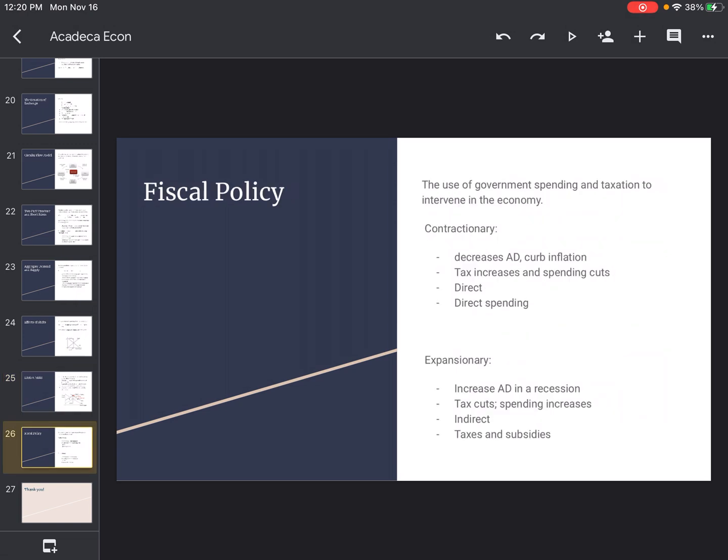Fiscal policy, last little bit here. Fiscal policy is the use of government spending and taxation to intervene in the economy. And again, it has the same forms as the monetary markets. Contractionary fiscal policy, much like the Fed, decreases aggregate demand in order to curb inflation, and this involves tax increases and spending cuts. It's a type of direct involvement, involving direct spending in the market.